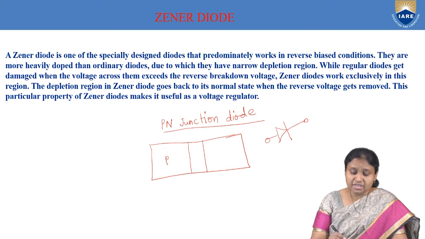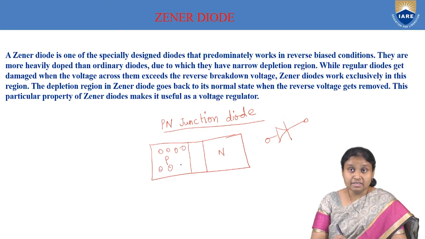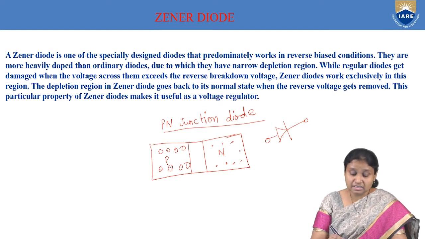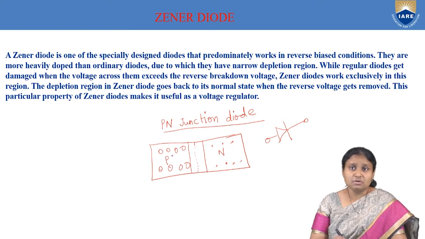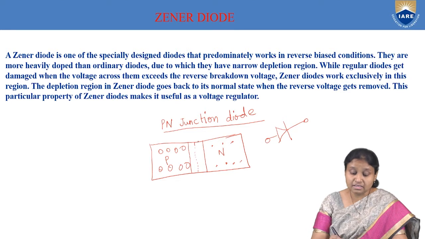If this is our P-type semiconductor and this is the N-type semiconductor, here we have majority charge carriers holes, and here we have majority charge carriers electrons. Diffusion of electrons is taking place, and this is the layer which separates P-type and N-type semiconductor. When a hole goes to the N-side because of diffusion, it loses its energy to an electron inside and becomes a positively charged ion.